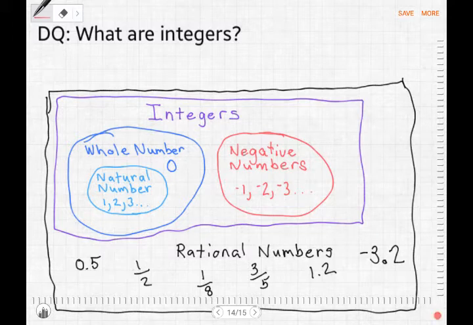But decimals are also rational, but they are not included in the integer group. 1/2 is a rational number, but it's not included in the integer group. 1/8 is not an integer. 3/5, not an integer. 1.2, not an integer. -3.2, not an integer. So integers are rational, but there are also rational numbers like fractions and decimals that are not part of the integer group.